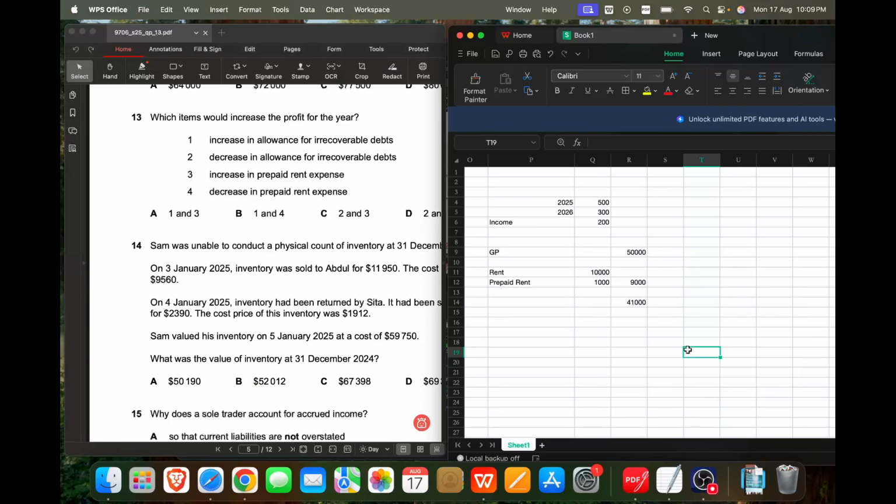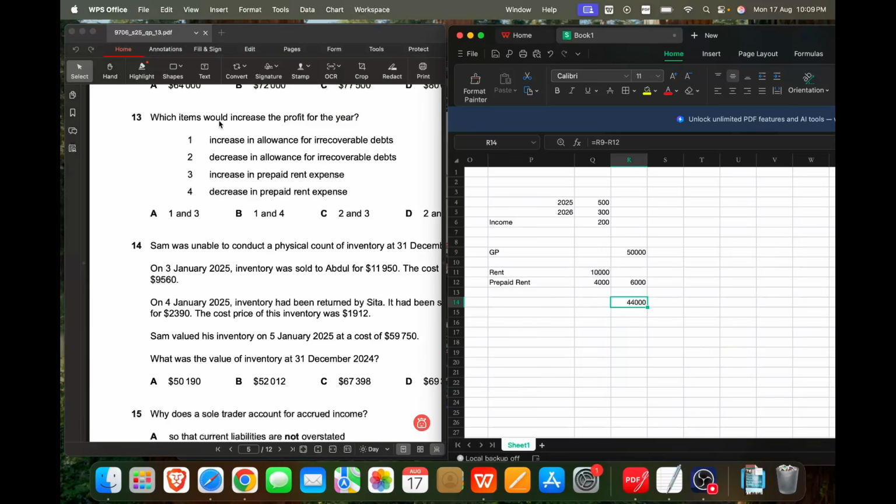Let's say if my prepaid rent increases, if prepaid rent is not 1,000 but it is 4,000, in that case my expense will decrease to only 6,000. And you can see that my profit is increasing from 41,000 to 44,000.